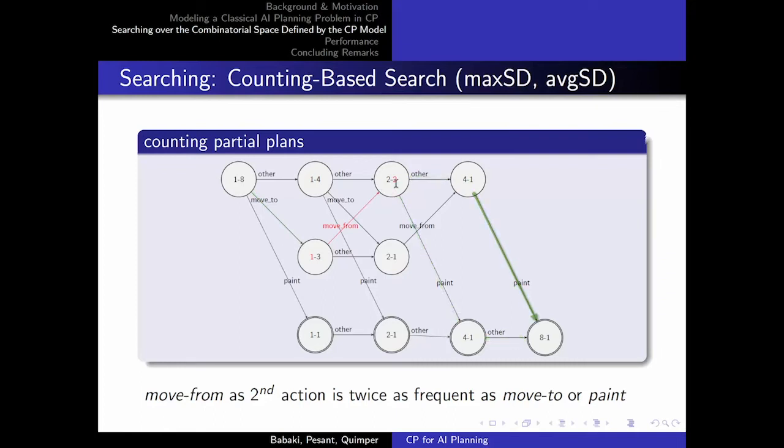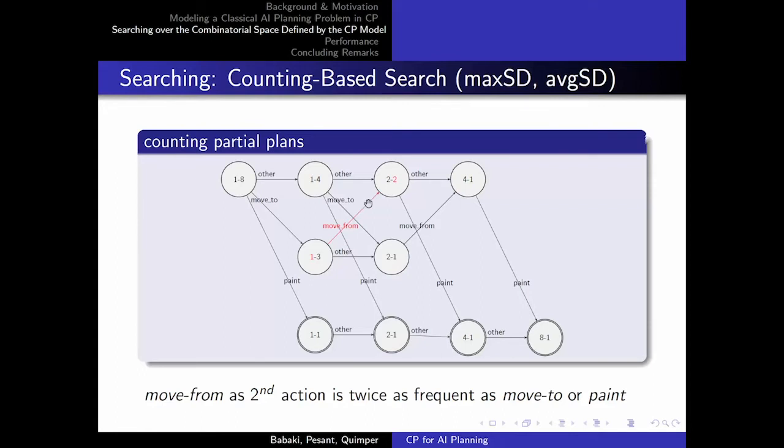So to get that there are 2 solutions to that constraint that use the move from action at step 2. And you can observe from that information that a move from action as a second action is twice as frequent as a move to or paint action in valid plans with respect to that particular regular constraint.